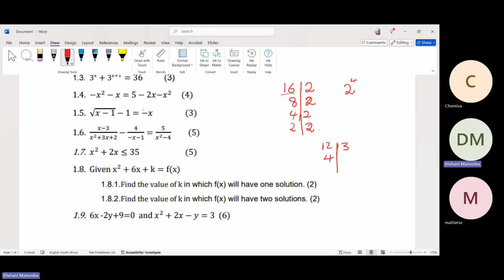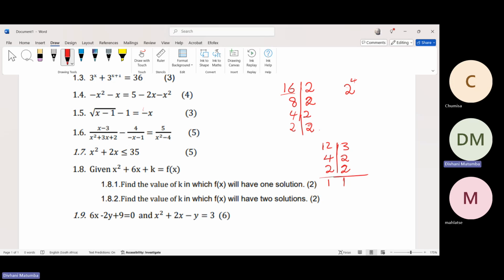Then if we try 3 again, will it allow us? No, sir. Then we move to 2. We get 2. Then is 2 divisible by 2? Yes, and we get 1. So we end it there.